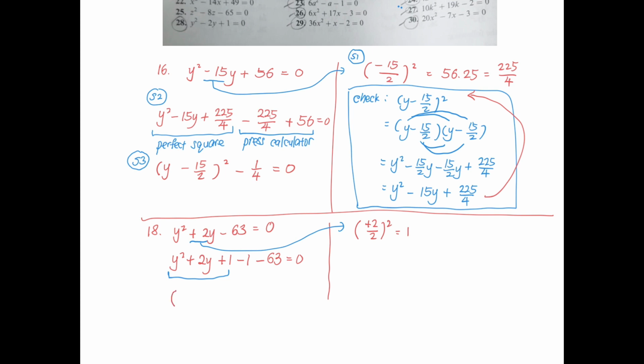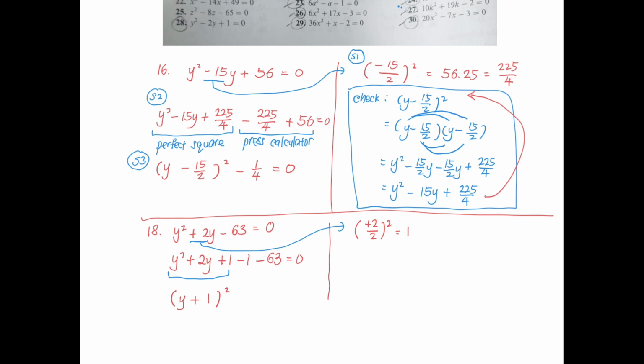So you can see here the y square, I change to y, and then the 2 I divide by 2. Like here you see I divide by 2 just now. So now we do the same. We have positive 2, we divide by 2, we get positive 1. Then you square.